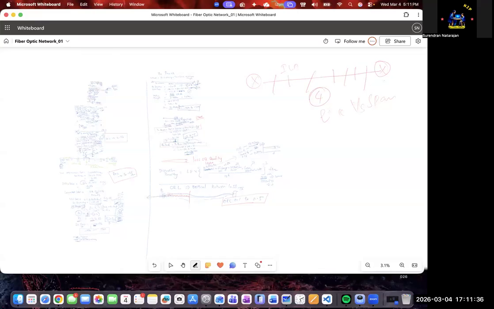So right now, what is our final target? That is what I'm asking. Link budget. Budgeting, yes. For the link budget, all these conditions we apply: transmit power, receiver power, connectivity, all the losses, including optical return loss and dispersion penalty.